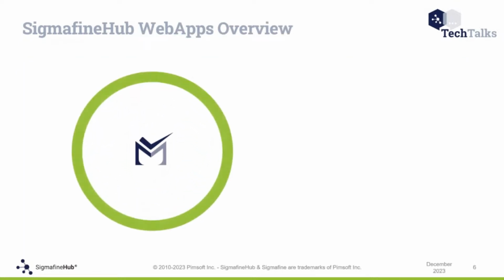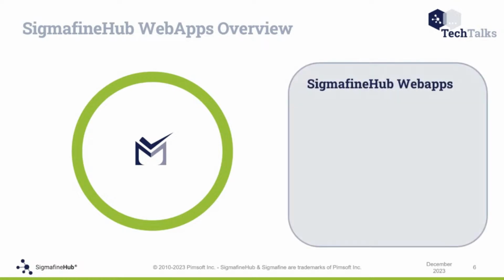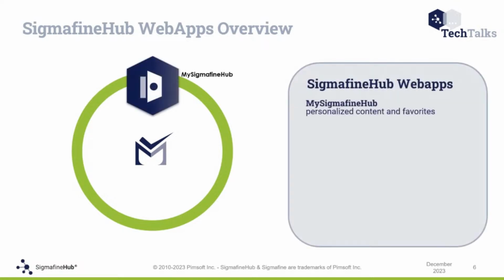So in a nutshell, what are the components of SigmafineHub? You have the welcome page, namely My SigmafineHub. You can personalize the content and favorites of your user experience, and have quicker access to the different reports and displays from that screen.